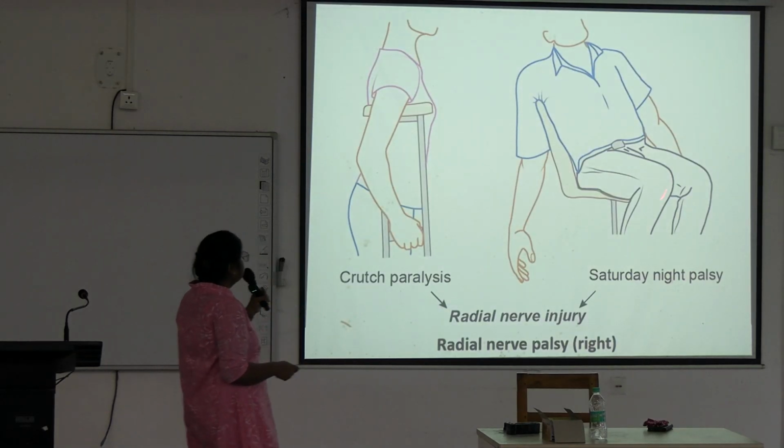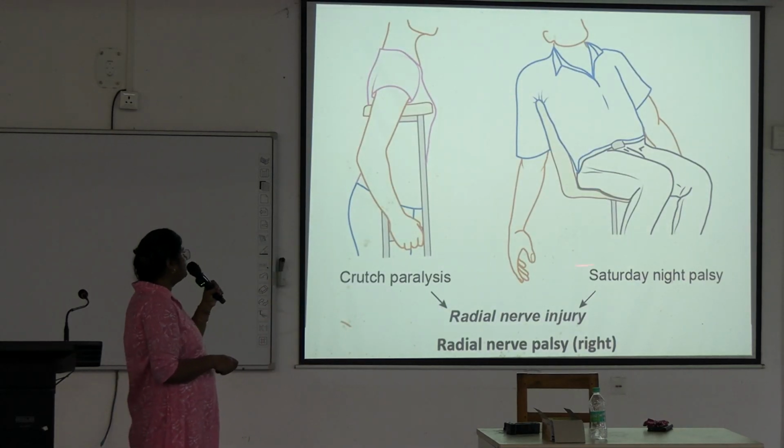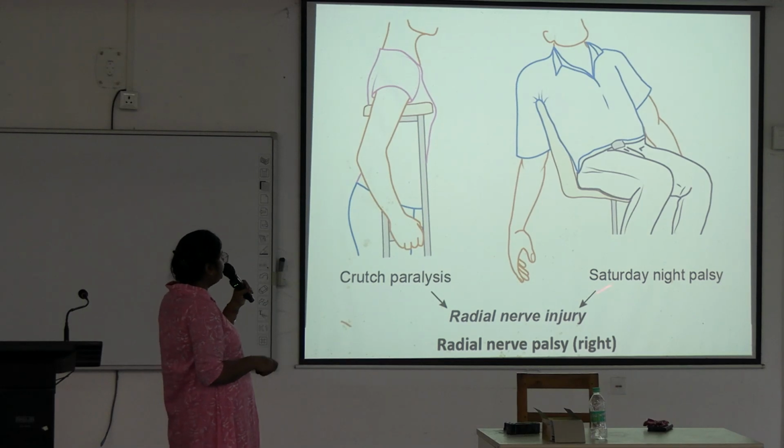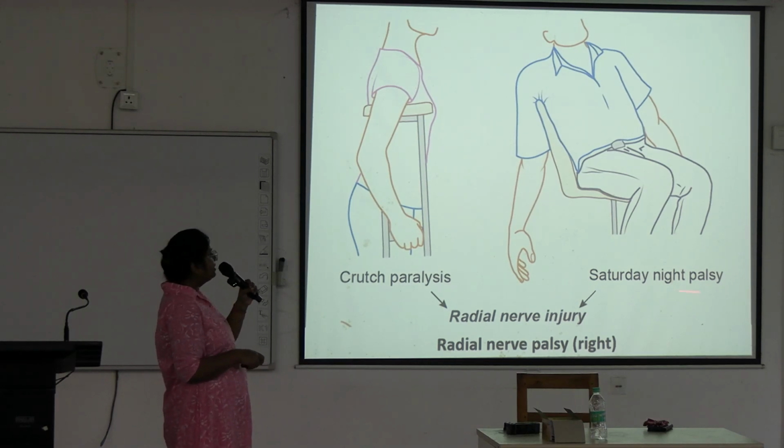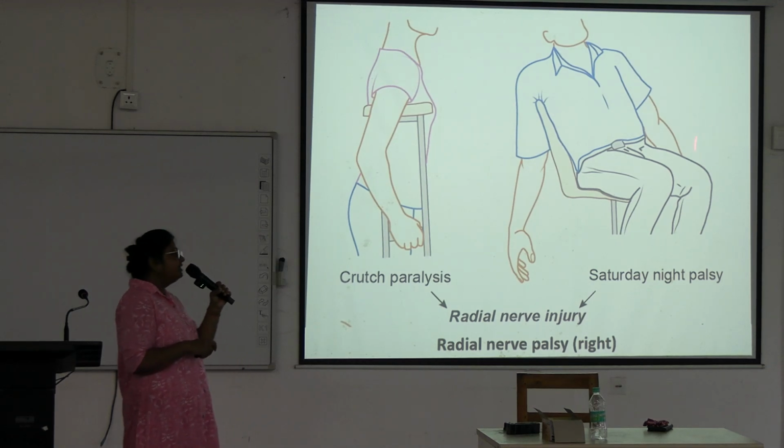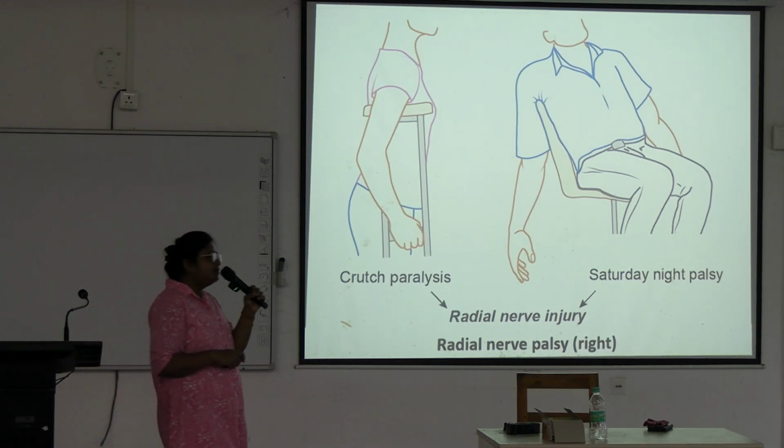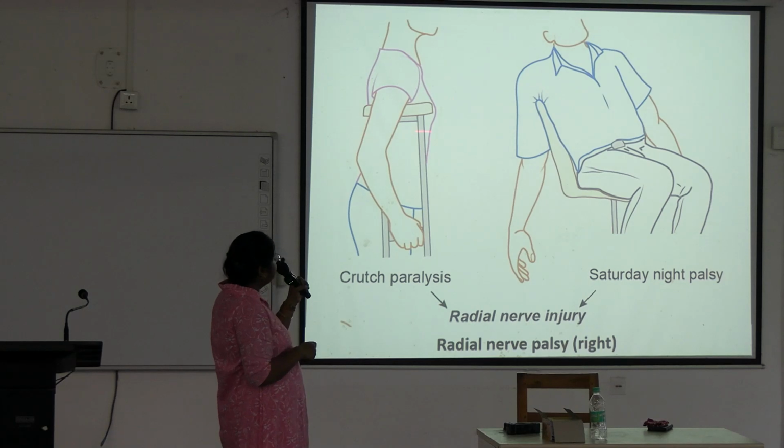So first is injury in the axilla. Here it is compressed. This leads to Saturday night palsy, compression of the arm against the humerus. And this is crutch palsy.